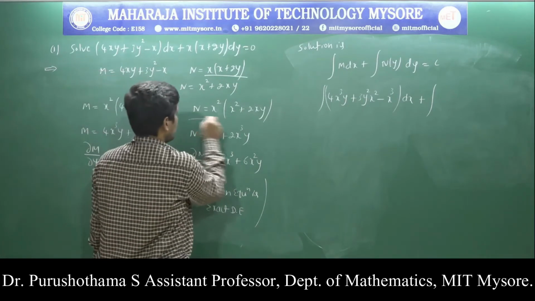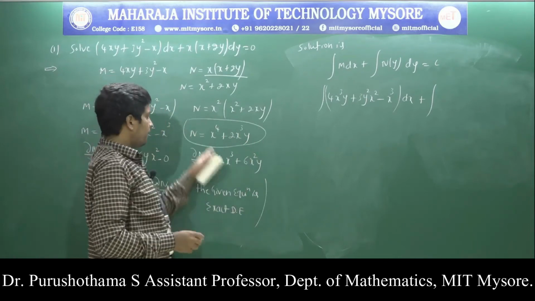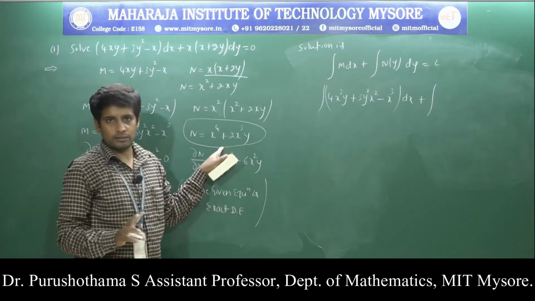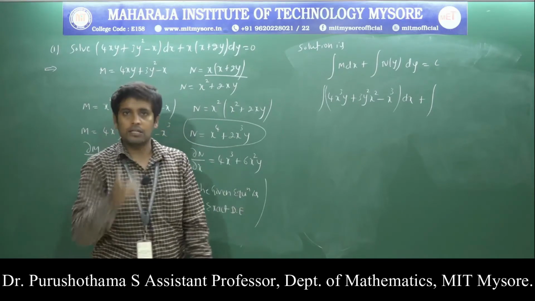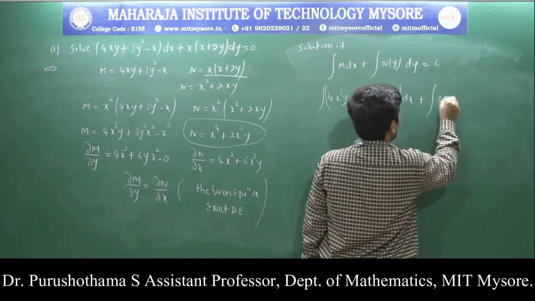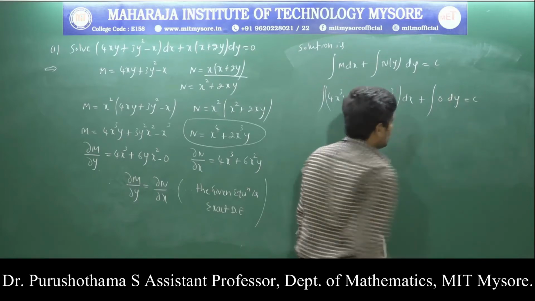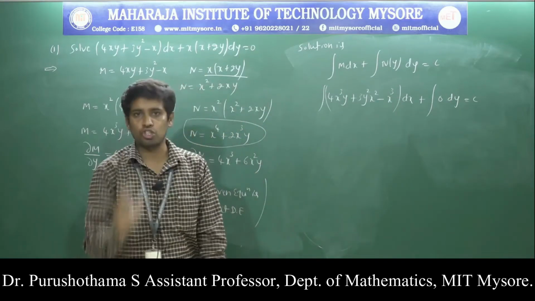Just observe the terms in N and identify the term without x. The first term contains x, and the second term also contains x. Therefore N(y) dy is equal to 0, plus c. The second term is 0.